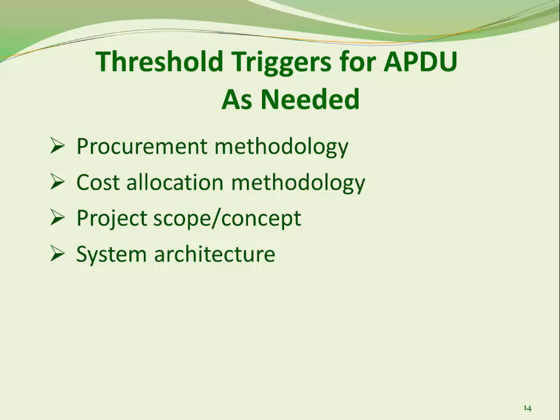Examples include significant changes in procurement methodology, cost allocation methodology, the project scope, or the system architecture. A significant change in an approved system concept or project scope might include a proposal of a different system alternative, a change in the system hardware or software platform, a change in the project plan, or a change in the cost-benefit projection.